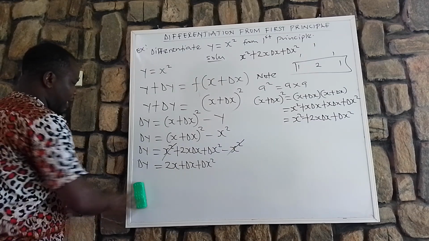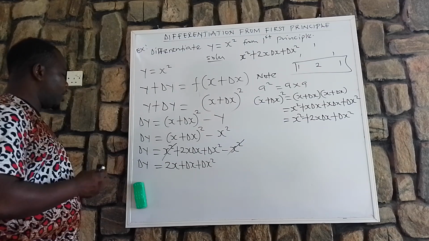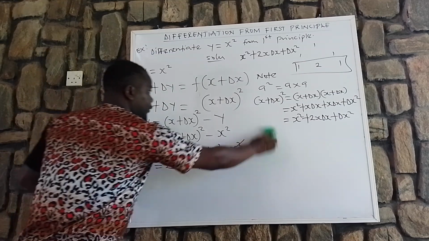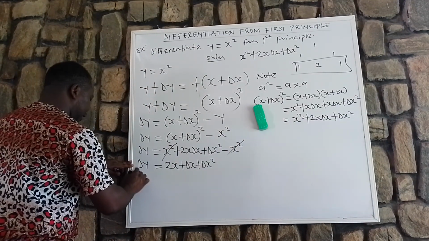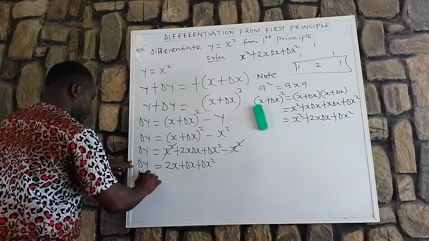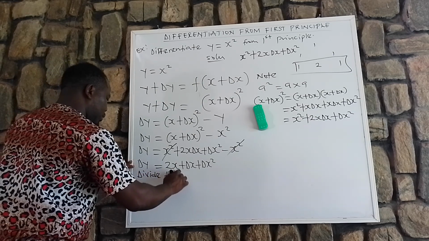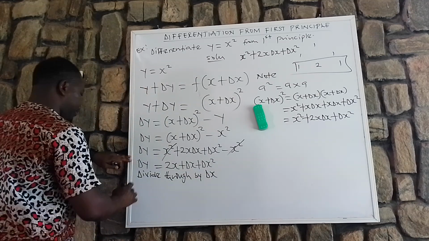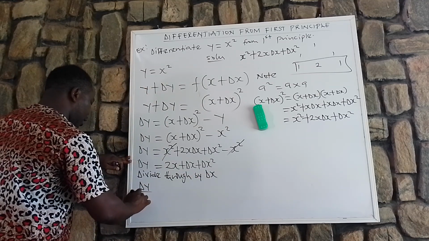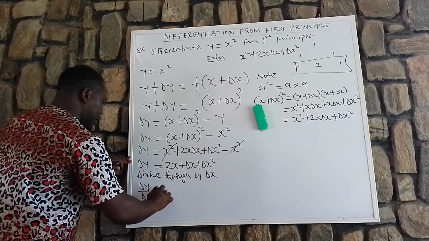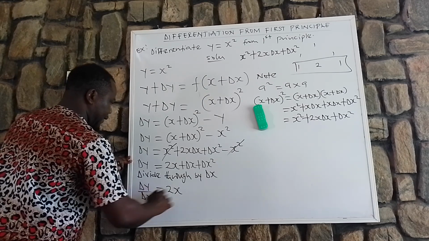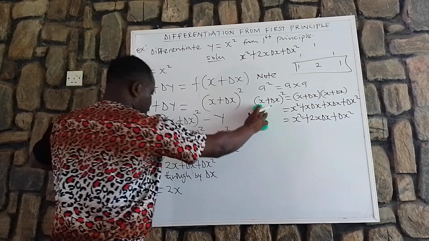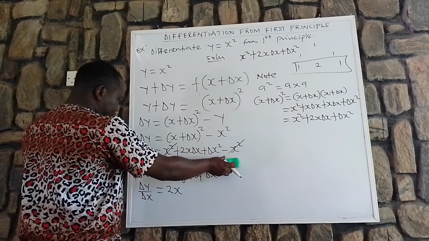Okay. So now at this point, we are going to divide through by dx. This implies that our dy all over dx is equal to 2x. Oh, sorry, I made a mistake here. This is supposed to be 2x dx.